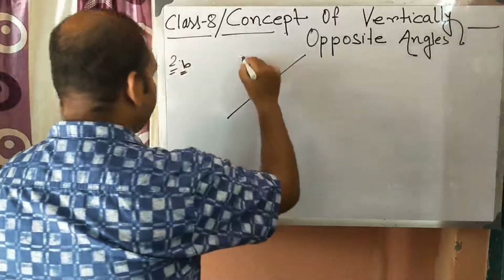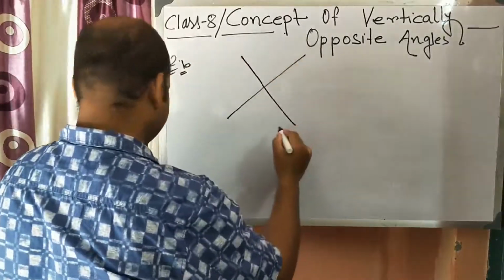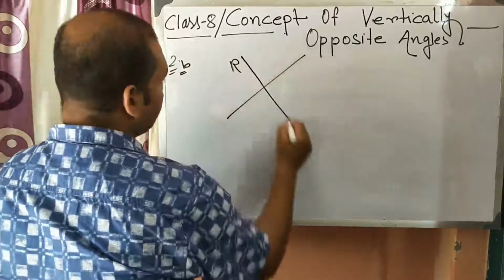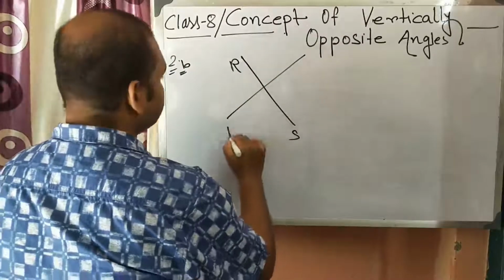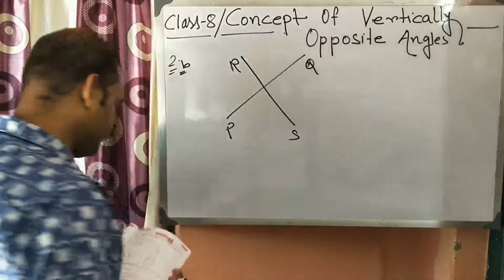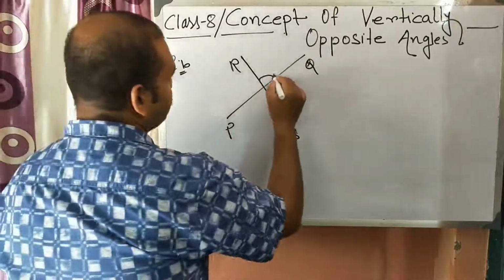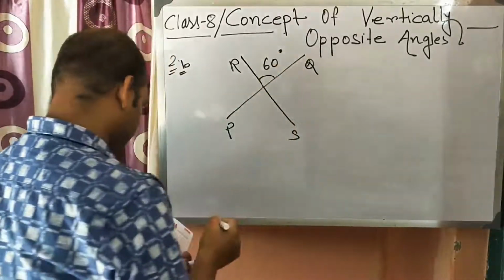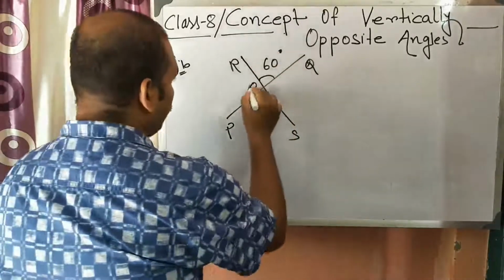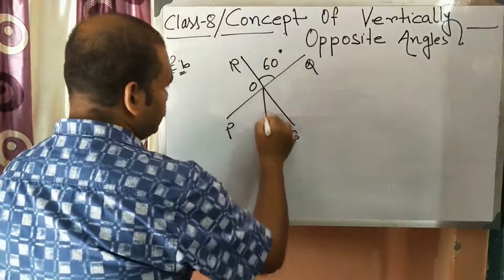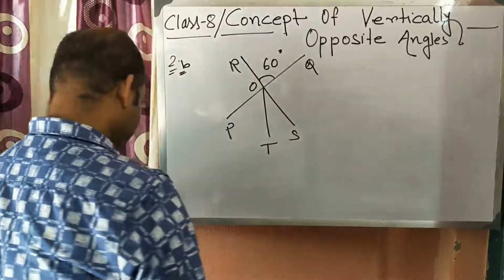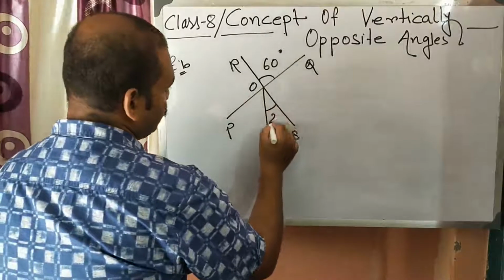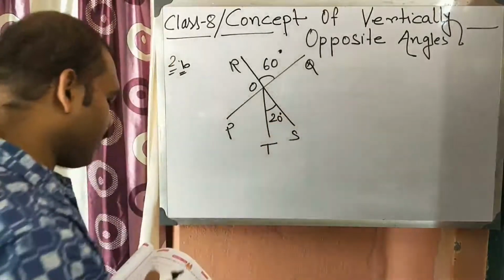PQ and RS are given. This is R and this is S. This is P and this is Q. This angle is equal to 60 degrees. It is given. And this is O. This is T. This angle is 20 degrees. You need to find out.